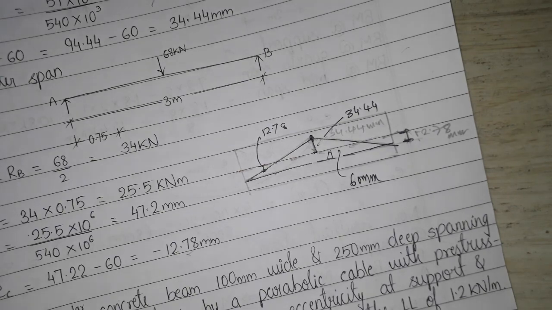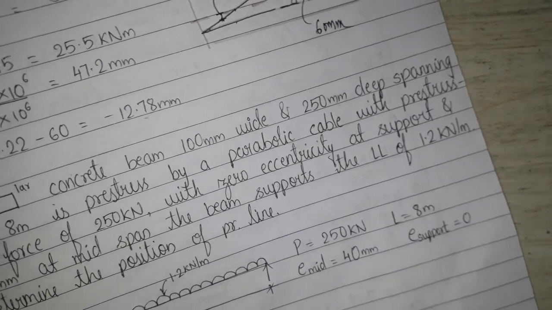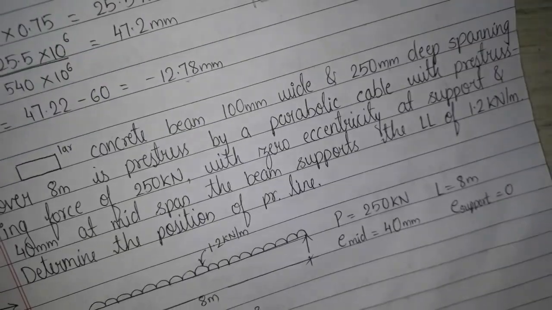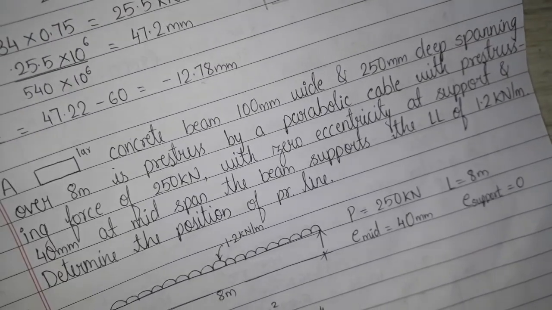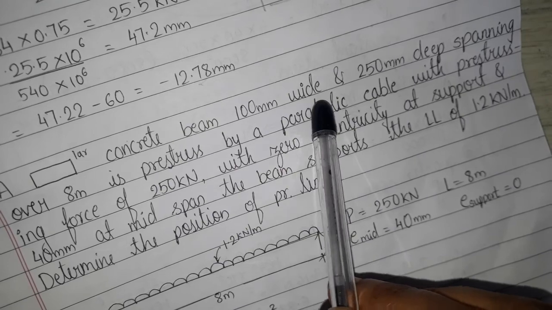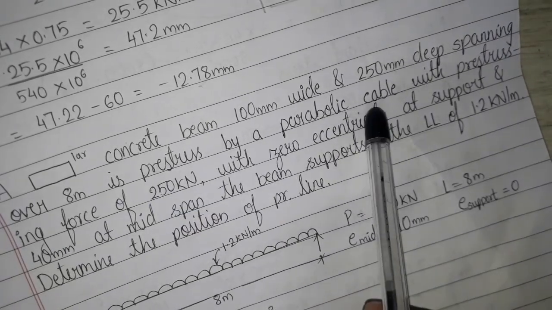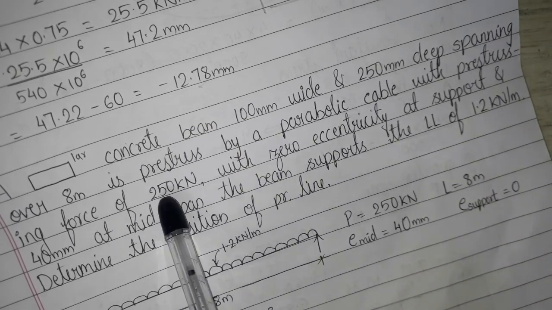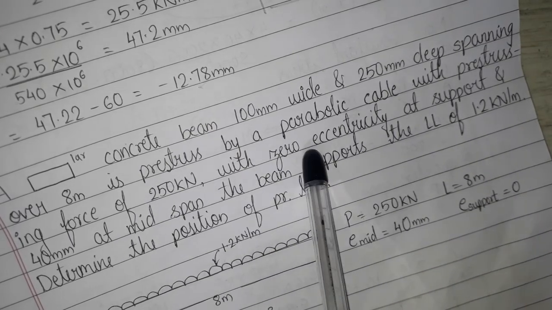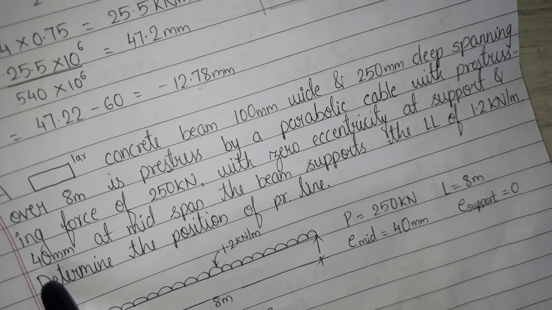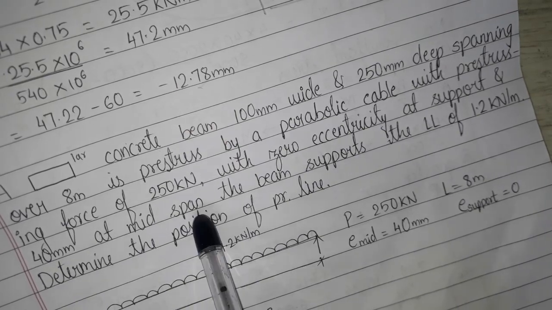Okay, so let us take one more problem, which is again a very simple problem. Here it is given as a rectangular concrete beam 100 mm wide by 250 mm deep, spanning over 8 meter, prestressed by a parabolic cable with a prestressing force of 250 kN with 0 eccentricity at support and 40 mm at midspan.